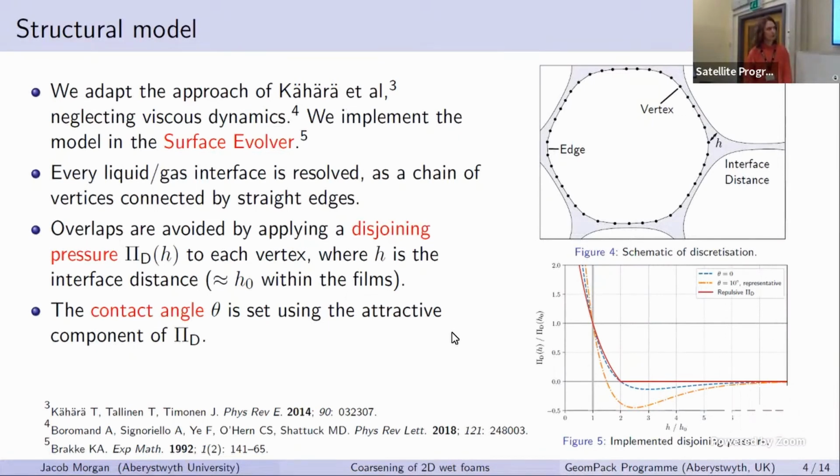In order to avoid overlap between the bubbles, the vertices interact with one another via a disjoining pressure. We plot the toy model disjoining pressures that we use in figure 5. They're supposed to be reminiscent of the DLVO form, but they're not quantitative, mainly for numerical reasons.